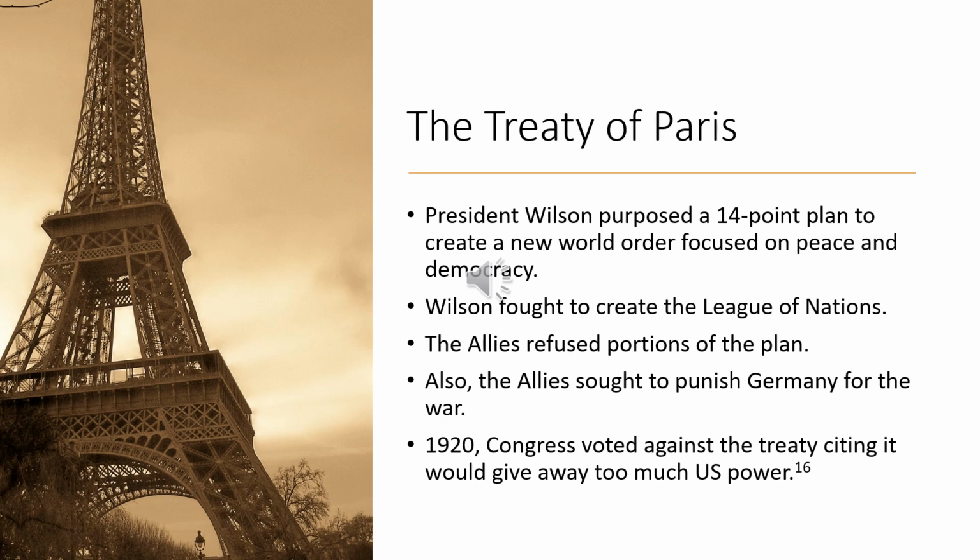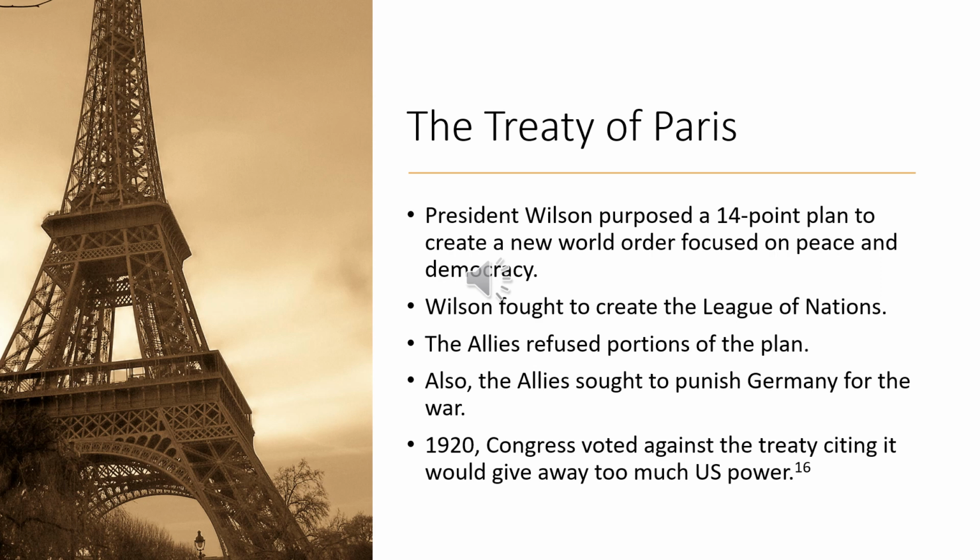The war ended. President Wilson went to Paris to be part of the Accords. He identified a 14-point plan that he felt could create an environment to promote peace and democracy and egalitarianism around the world. Wilson fought to create this entity called the League of Nations.